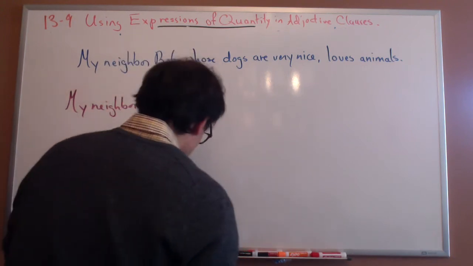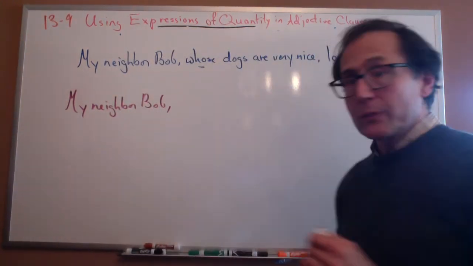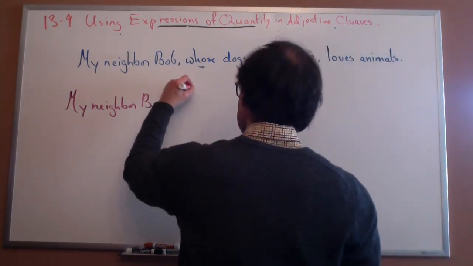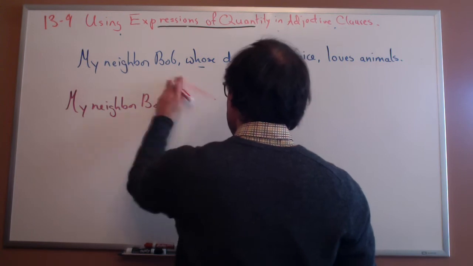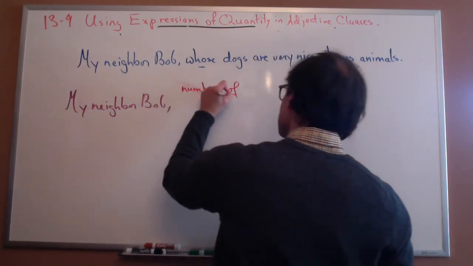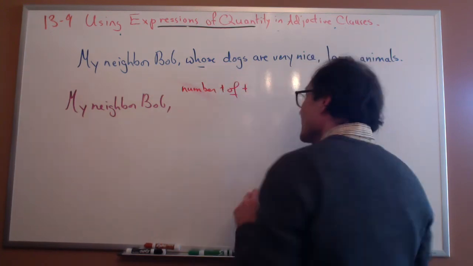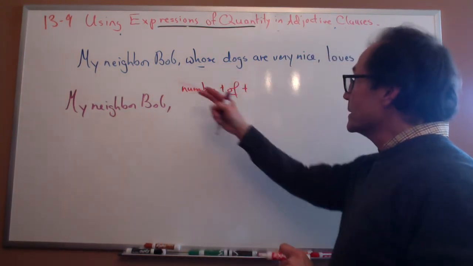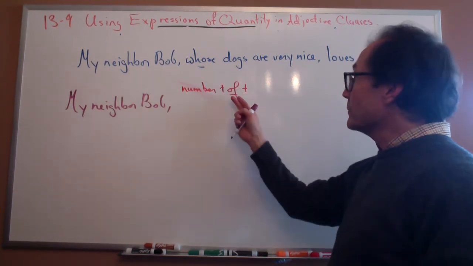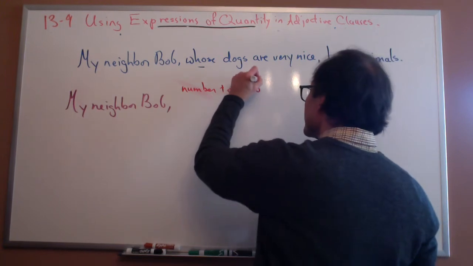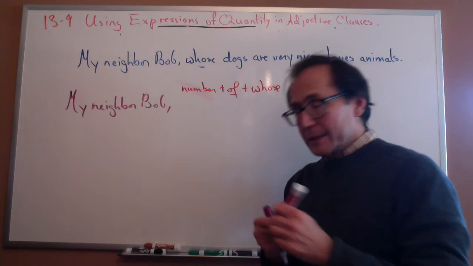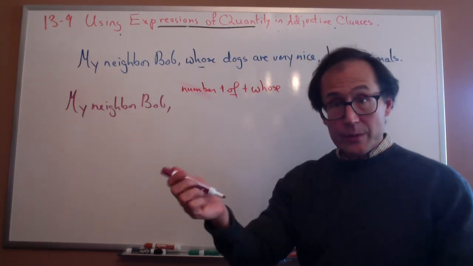and remember when I was doing this with which, and when I was doing it with whom, I'd say number plus of plus which, number plus of plus whom. When I'm using whose, I'll say number plus of plus whose. So, here, remember I said the number was some. Some of them are very nice.